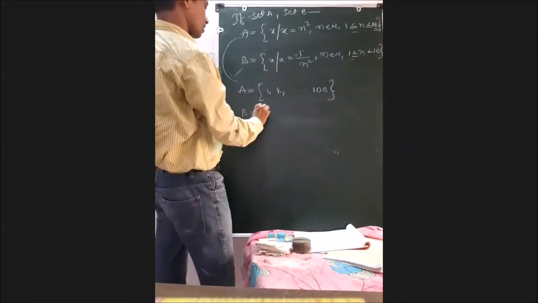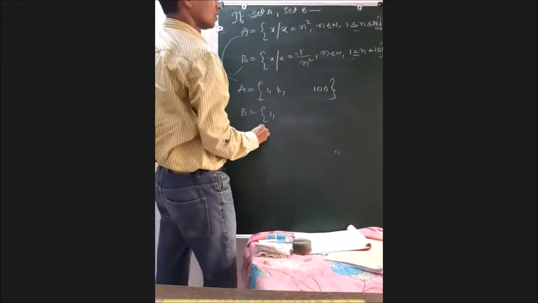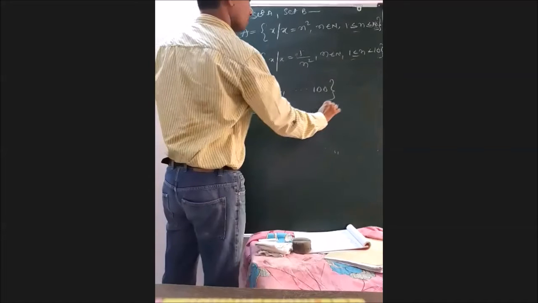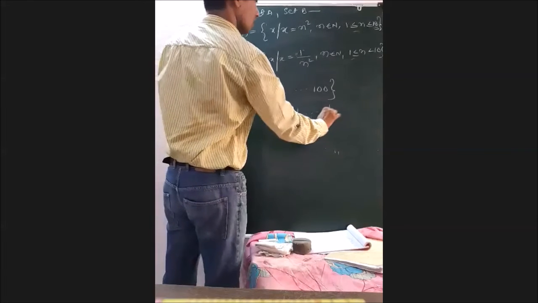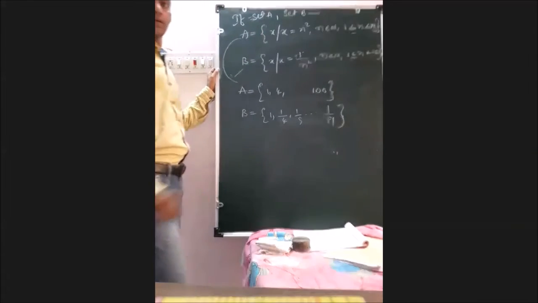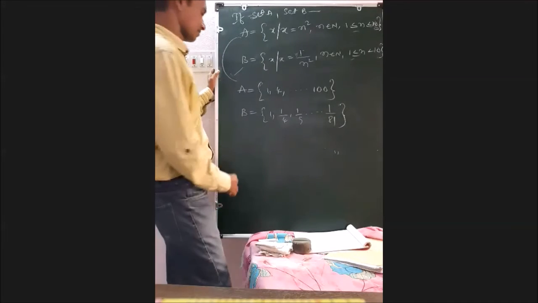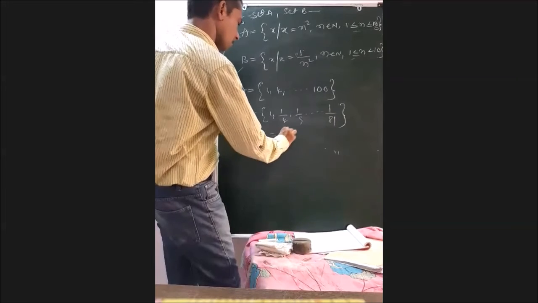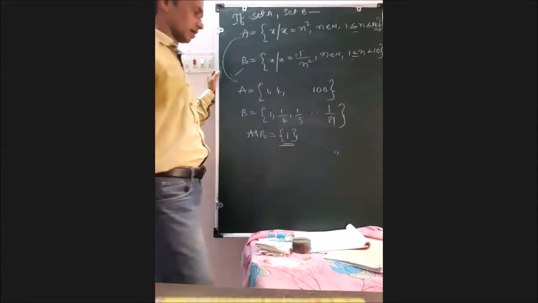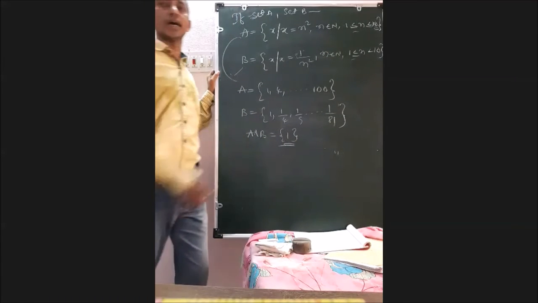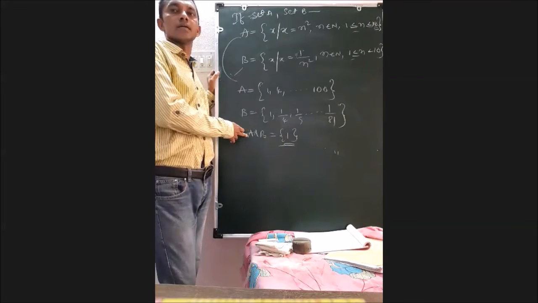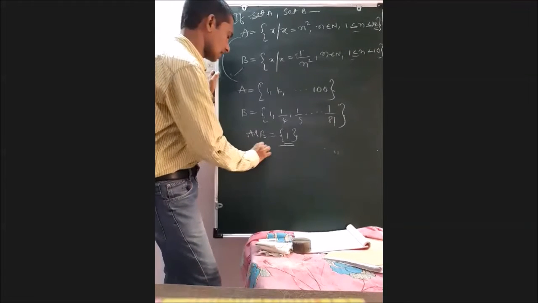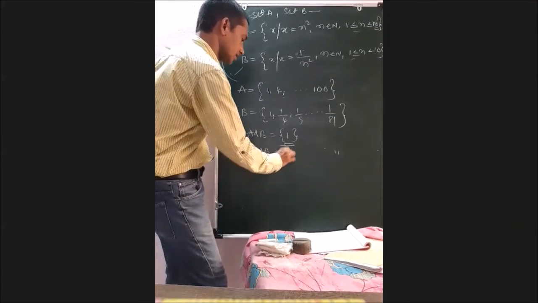Here B is again 1, 1 by 4, 1 by 9, up to 1 by 81. If I take it like this, then A intersection B will be 1. So they have one common element. So they are not disjoint. Tell me, is A intersection B equal to the null set?